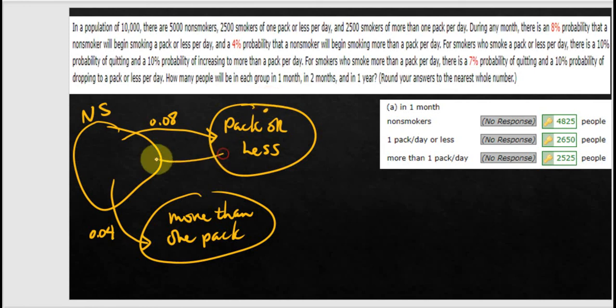That's good. So we got 10% chance. And then a 10% probability that they would increase. And then for smokers who smoke more than one pack, a 7% probability that they would quit.